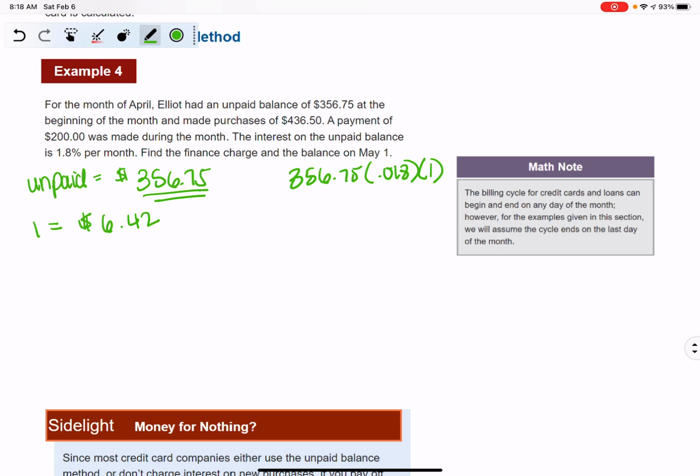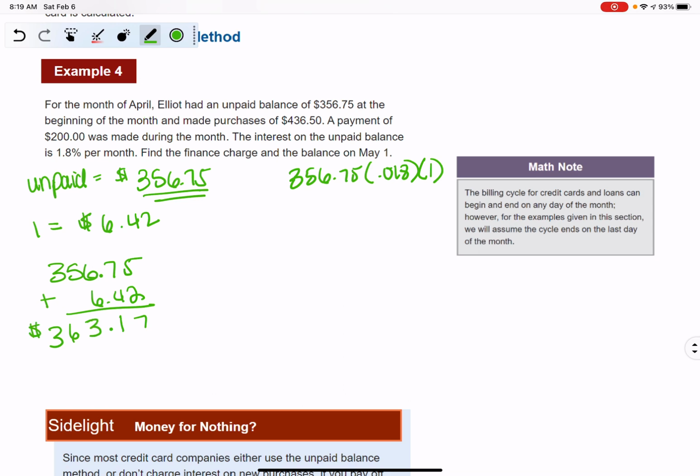So now we're going to take our $356.75 and we're going to add our interest to it, to give us $363.17.